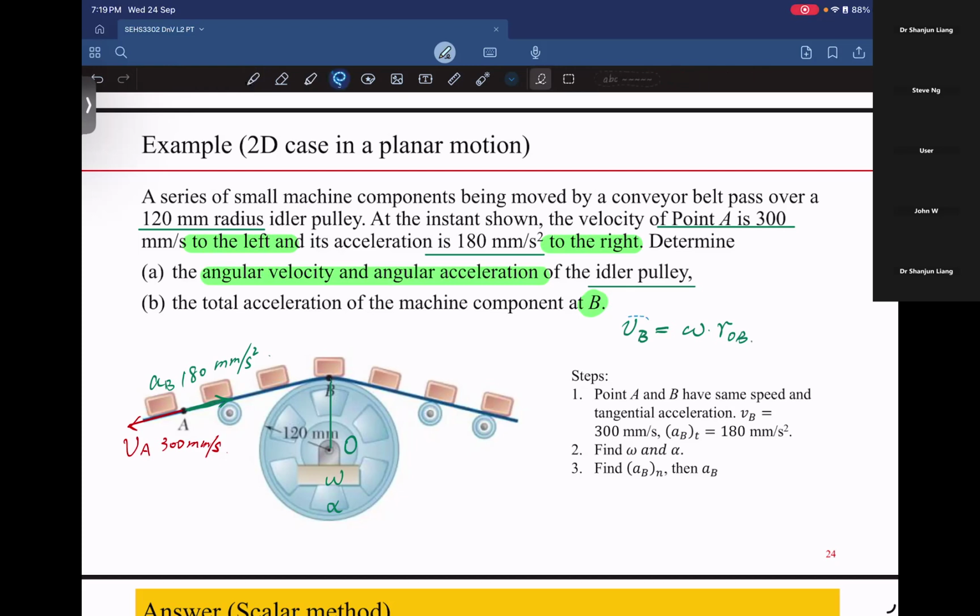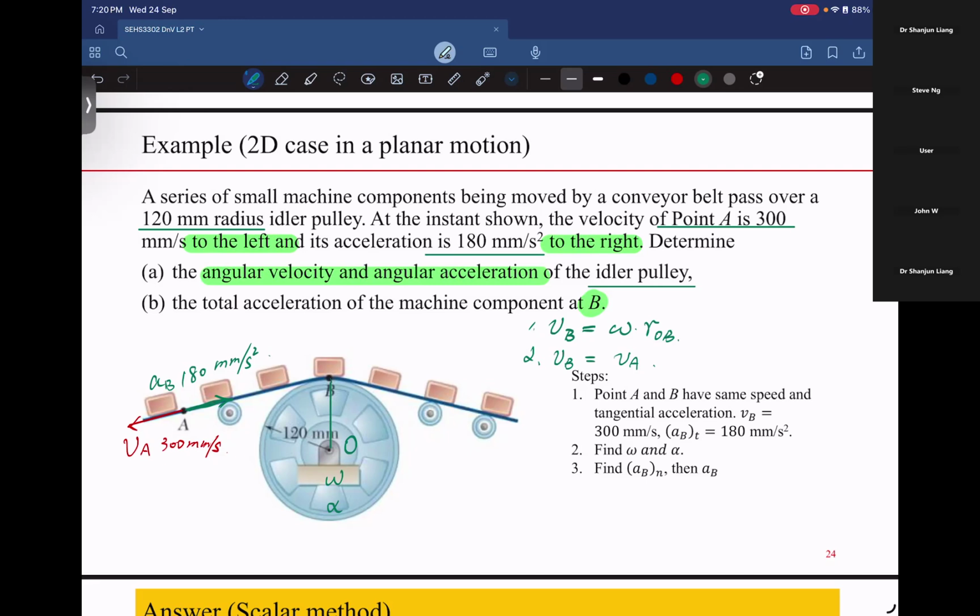Therefore, we have two equations. For one thing, VB on the wheel has such an equation. Secondly, VB equals VA. Can you follow me? Agree with me?